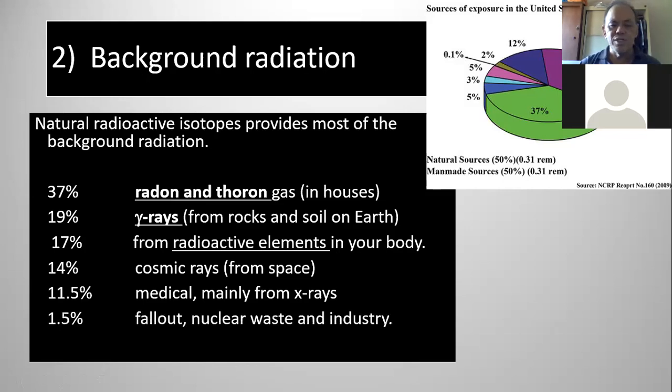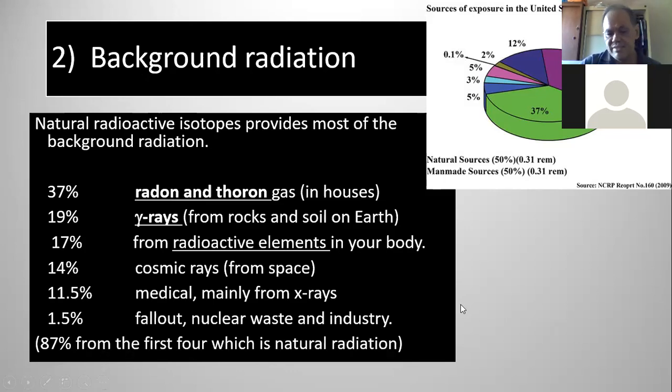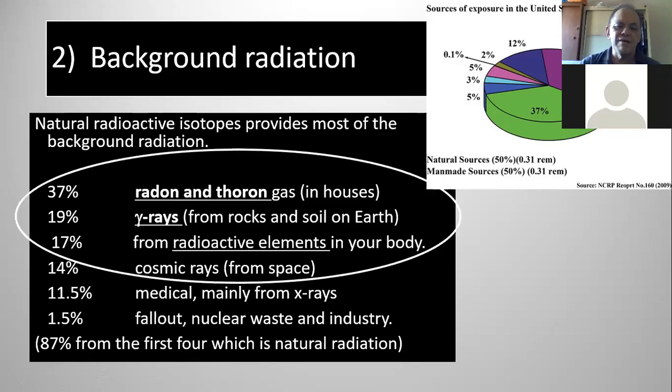Then fallout, nuclear waste and industry. Fallout comes from nuclear testing, or it can be the result of our nuclear power stations. So we can see 87% of the first four are from natural background.